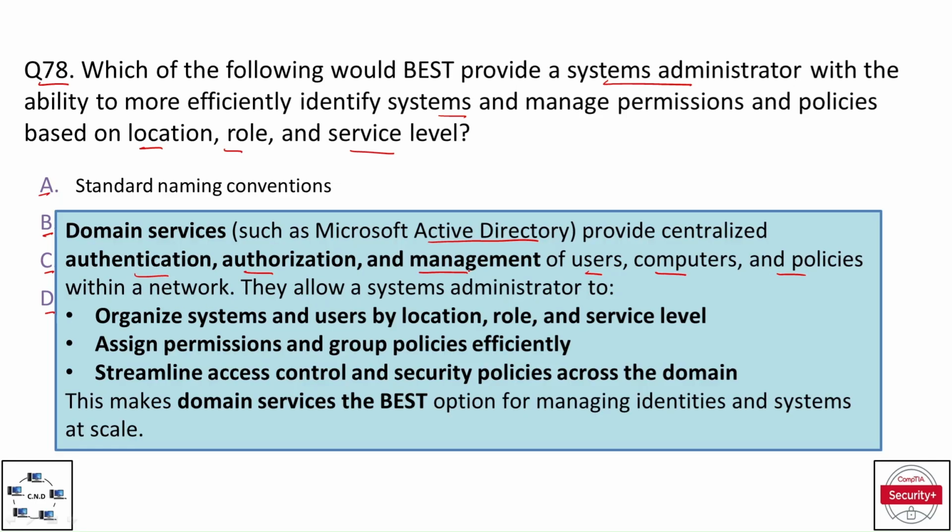They allow a system administrator to organize systems and users by location, role, and service level, assign permissions and group policies efficiently, and streamline access control and security policies across the domain. So, this makes domain services the best option for managing identities and systems at scale.